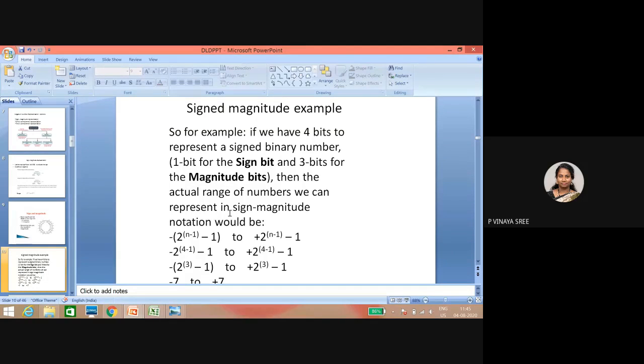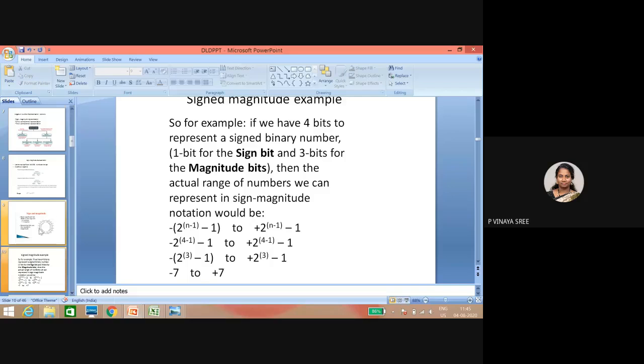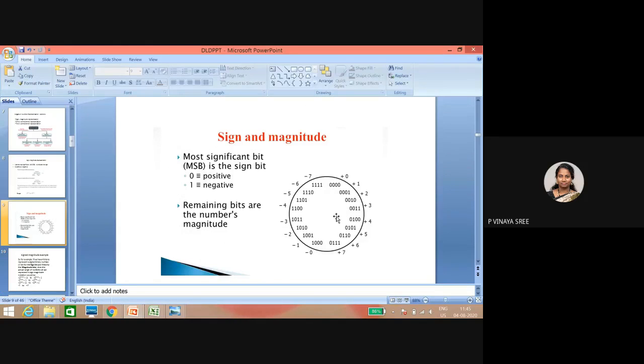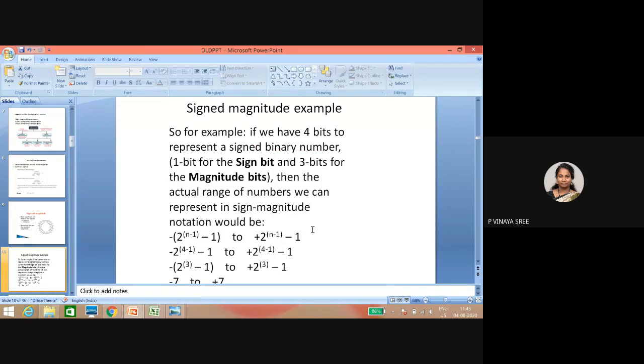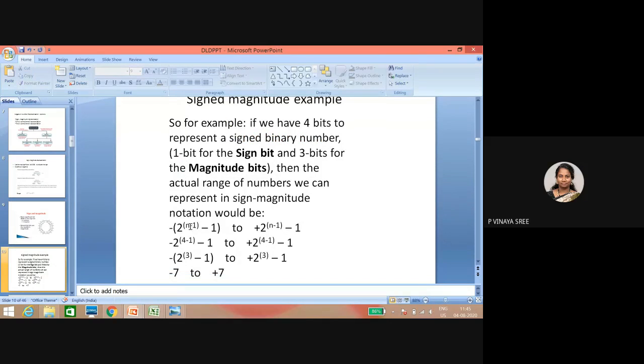Then what will be the range? If you see the range, you can identify it, but we need to write it in formula representation, right? The range will be from -7 to +7. But in this case, how to represent that is n minus 1. Why do you have to represent n minus 1?